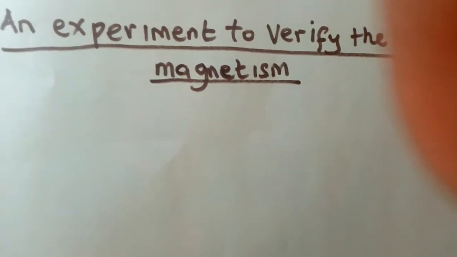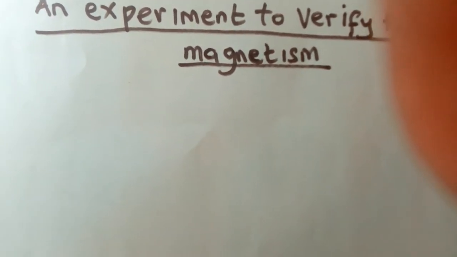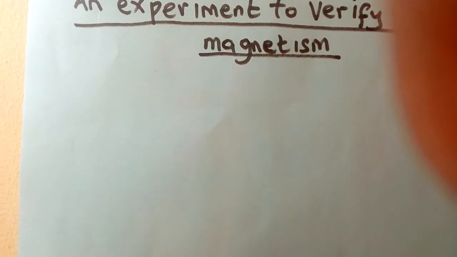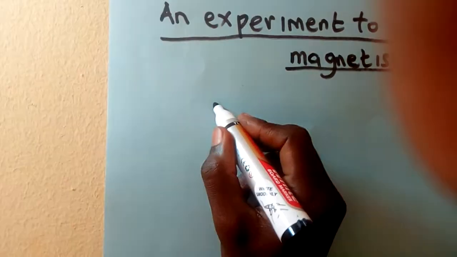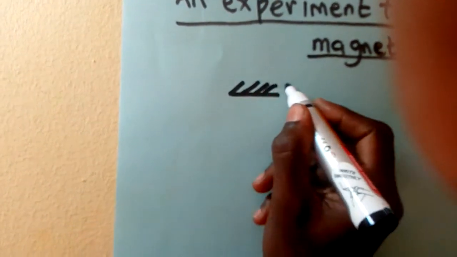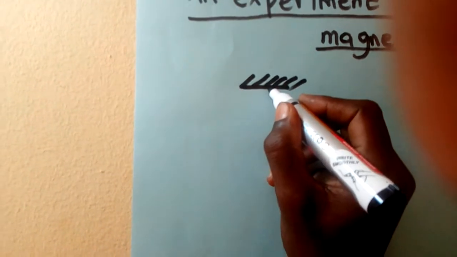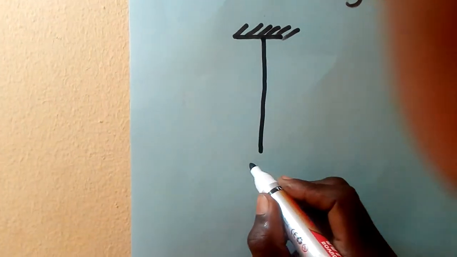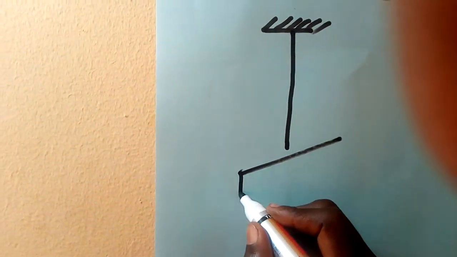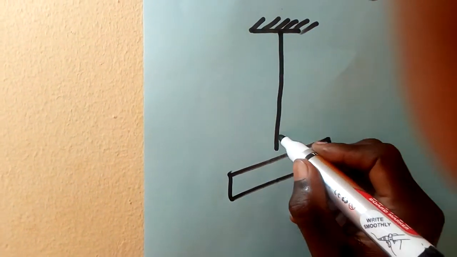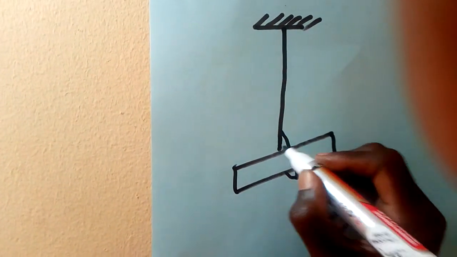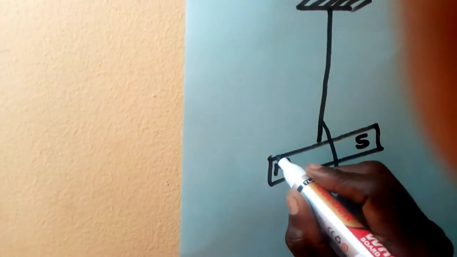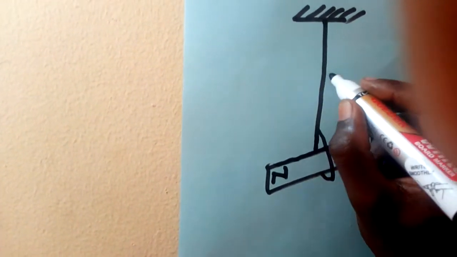Now, for you to do this experiment, you need to have two magnets and you need to have what we call a retort stand. So we are going to have our retort stand here, and then we suspend a magnet. So we shall have north and south. So we have our magnet.